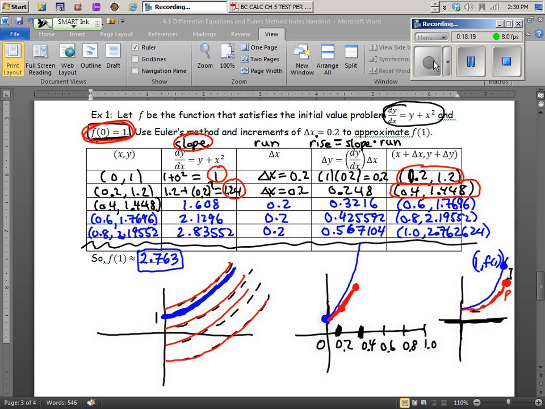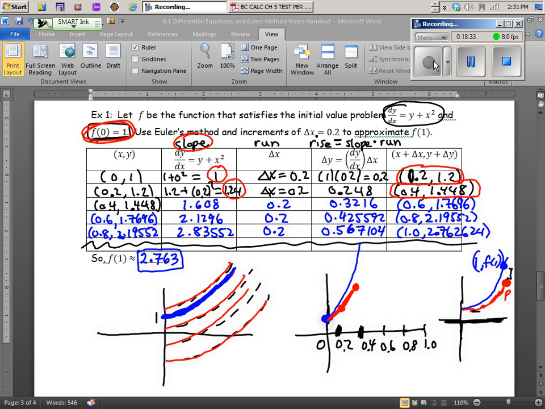So we've seen this kind of thing before. The concave up nature of the blue curve causes us to under-approximate the blue point. So the red point is below the blue, and that's because of the concavity of our blue curve.